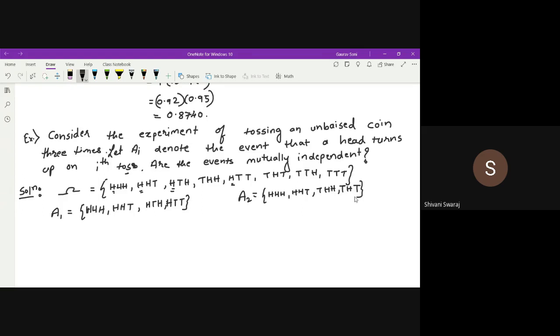A3, the head turns up at the third position. So head, head, head, then head, tail, head, tail, head, head, and tail, tail, head.